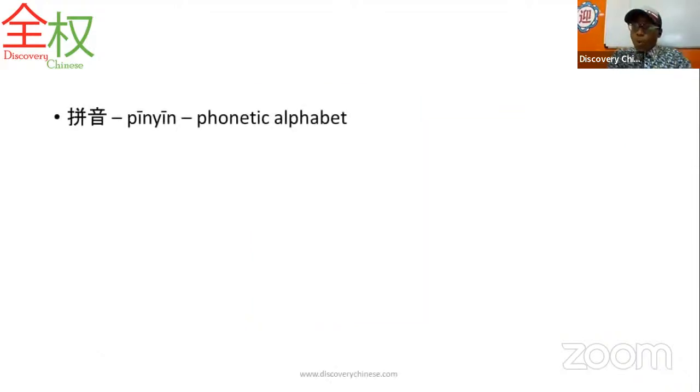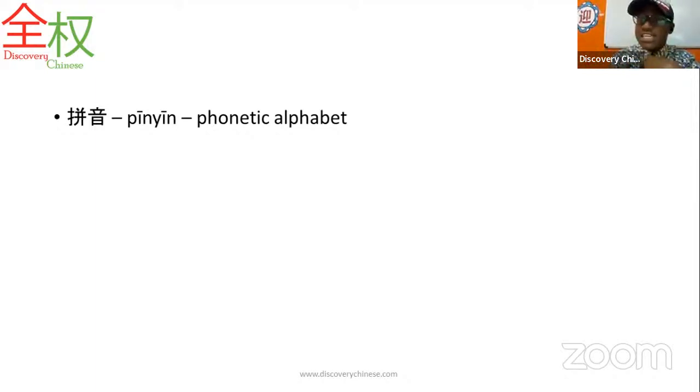So, when you come to the center as a complete beginner, we first start by teaching you in something called pinyin. Now, pinyin is the phonetic alphabet. Now, the normal alphabets, the initials and the tones that we looked at, A, B, C, D, E, F, G, H. This is a system that China came up with to teach outsiders Chinese.